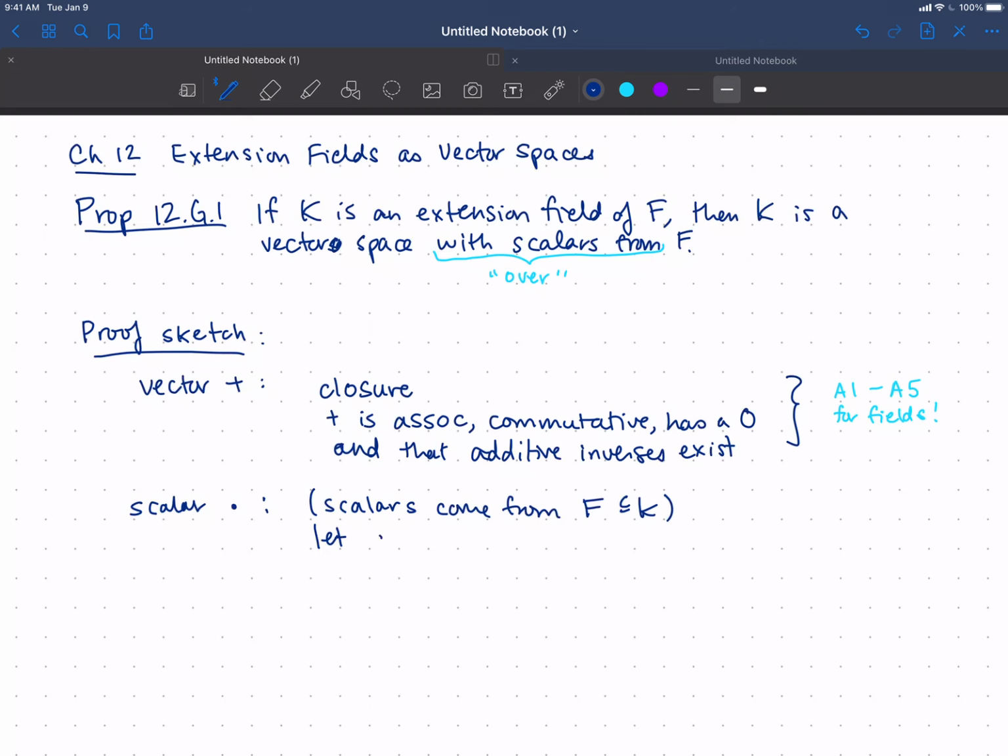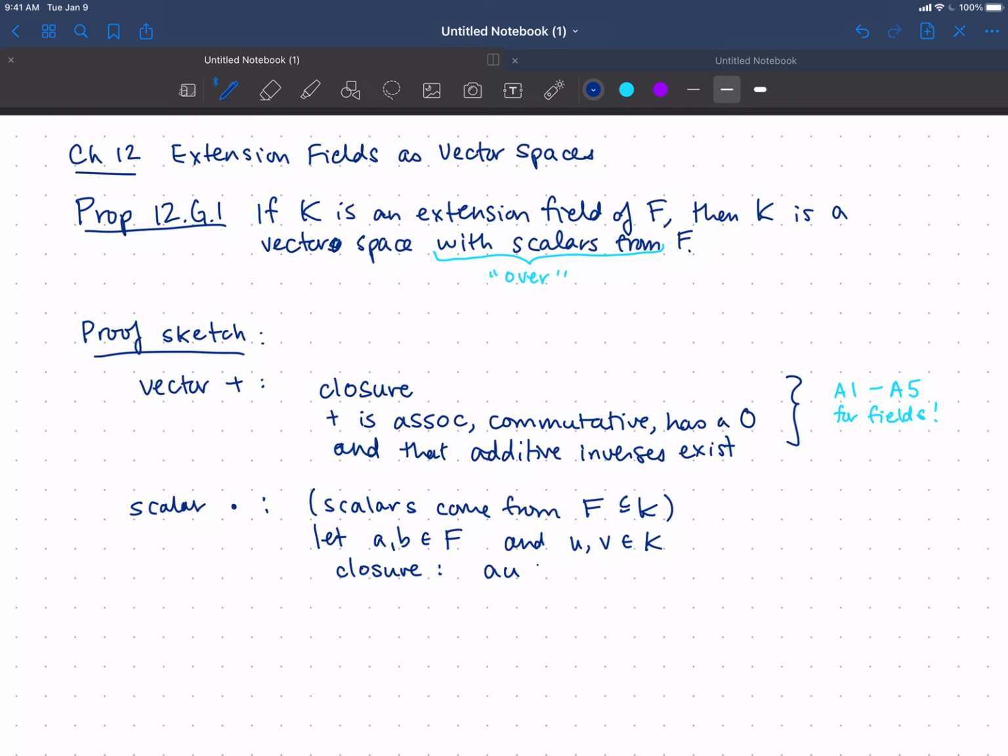Let A and B be elements of F, and U and V be elements of K. U and V are the things we're thinking of as vectors, with air quotes around them, because they're also just field elements in K. And A and B are elements in K that happen to live in F and act as our scalars. What we need to show is closure under scalar multiplication.